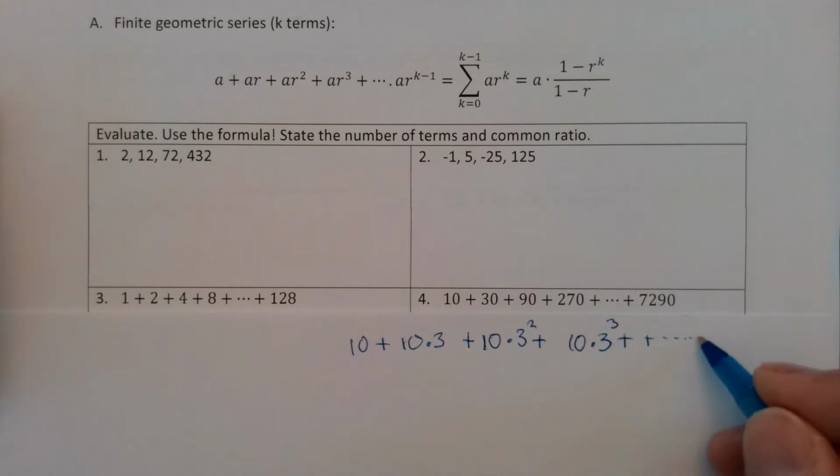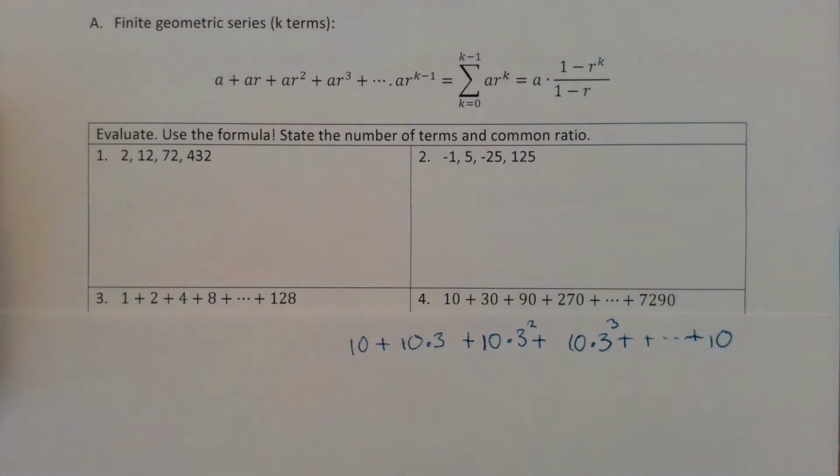So then you're going to want to figure out down here at the end what power of 3 multiplied by 10 is going to get you 7,290. And the answer is, it ends up being 10 times 3 to the 6th power.